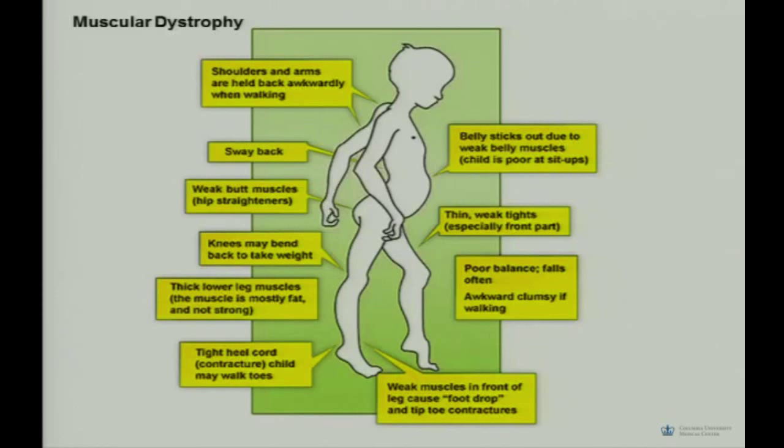And the other thing to keep in mind is that with muscular dystrophy, even though these kids are physically limited in terms of their mobility, their sensation is completely intact. So they can feel their bodies despite the fact that they can't move them. So that's a very frustrating position to be in.